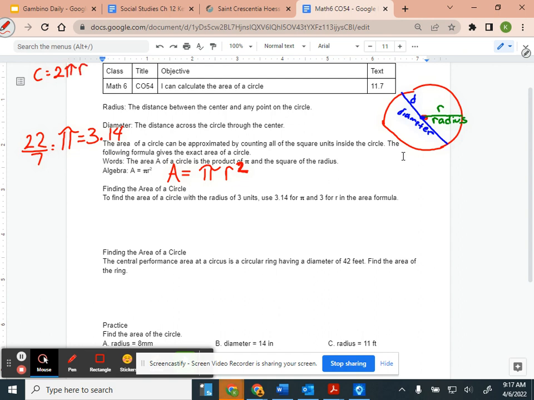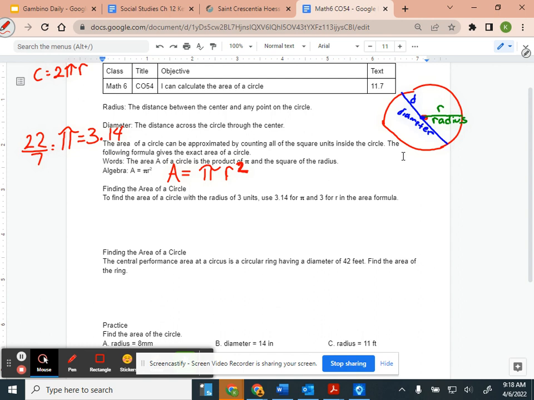That's when we did 2 times the r. Squaring it means we multiply the r by itself. That's how we're getting a very different answer than the circumference. Circumference you multiply by 2. For the area, we multiply that radius by itself. It's important that you remember the difference.